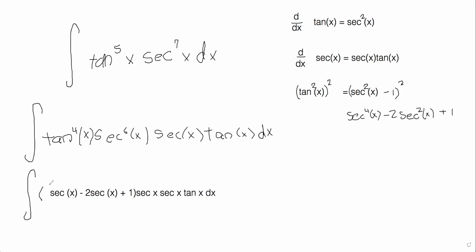So we have secant to the fourth power of x minus 2 times secant squared of x plus 1. That is equivalent to tangent to the fourth power of x.